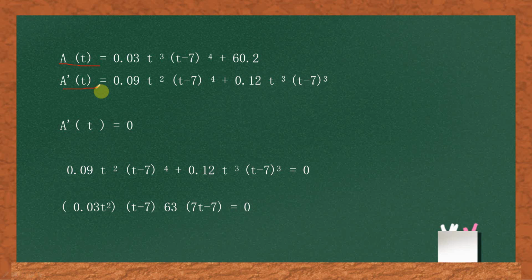Then A'(t) must equal 0, so we get 0.09t^2(t - 7)^4 + 0.12t^3(t - 7)^3 = 0 here.